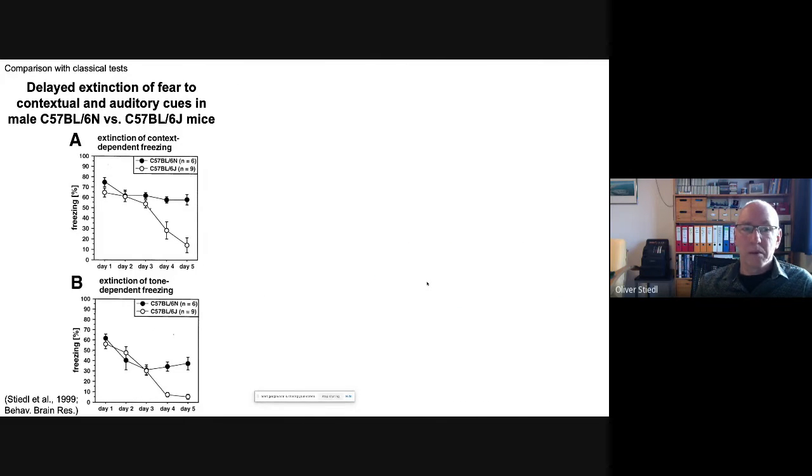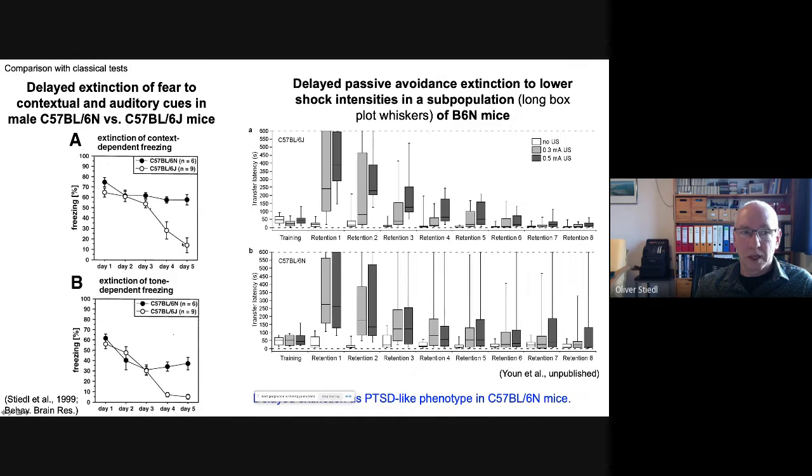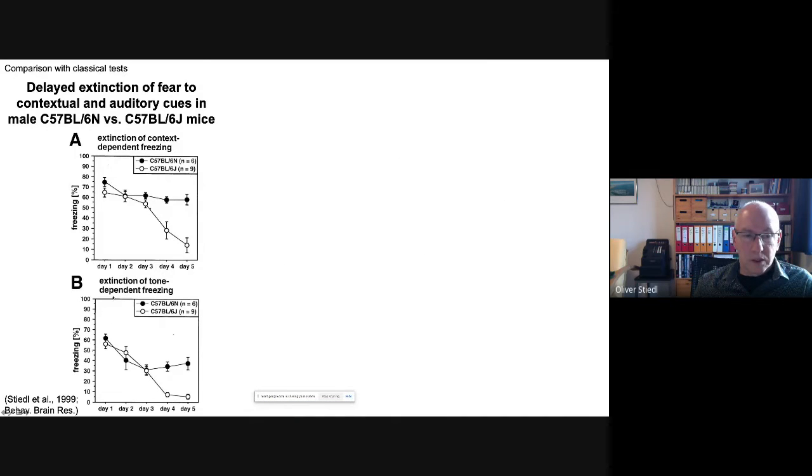We also are able to look at the repeated level of freezing after re-exposure to the conditioning environment based on contextual cues. And you see the DBAs stay elevated for longer, and the C57 BL6Js extinguish well. And you can see here that in the tone-dependent freezing, it has a similar function.